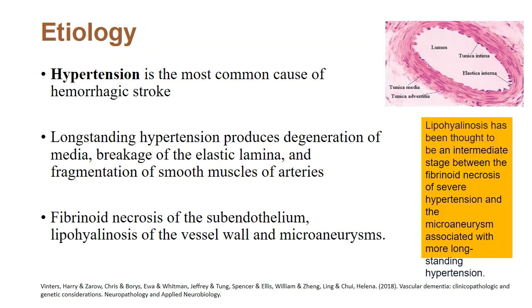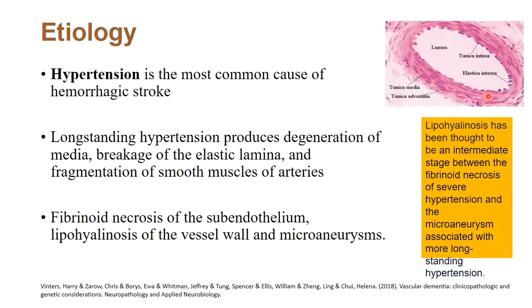A patient with long-standing hypertension usually shows a degeneration of the tunica media. See the normal diagram shown alongside. This is the tunica intima, this is the tunica media, and this is the tunica adventitia. In long-standing hypertension, there is degeneration of the tunica media and breakage of the internal elastic lamina.